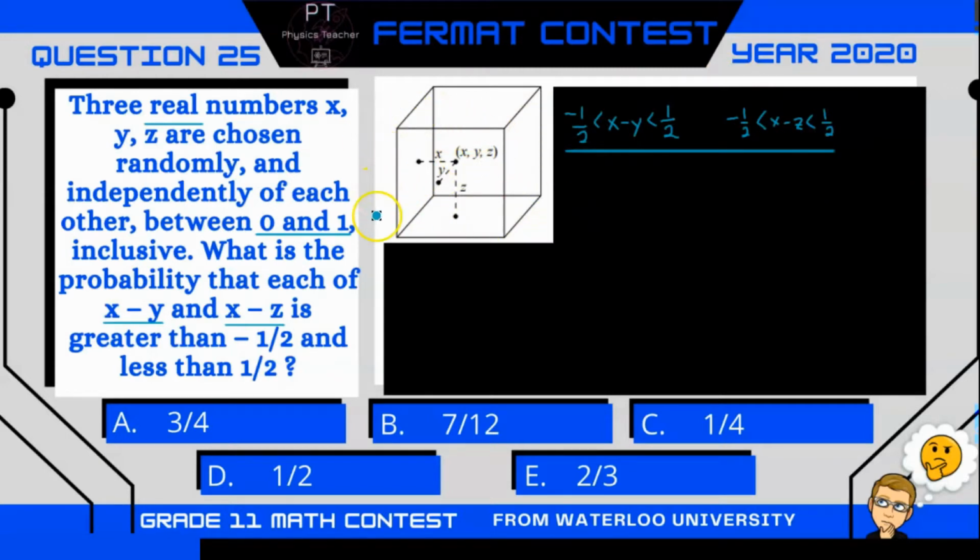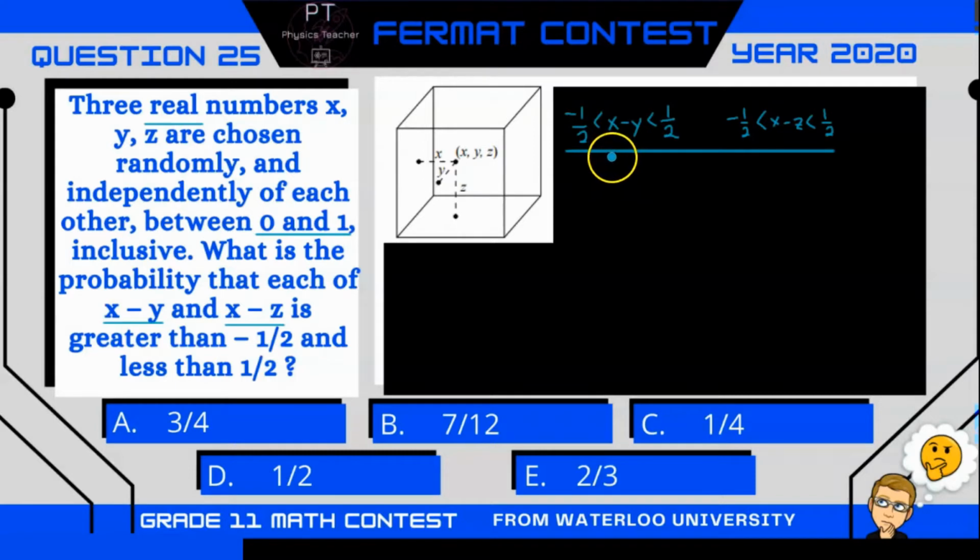Now, since the cube has a total volume of 1, the probability of randomly picking a point inside of these conditions is simply the volume of the region inside of that cube enclosed by these conditions. So that's all we need to figure out. It sounds a little bit easier than it actually is, though.